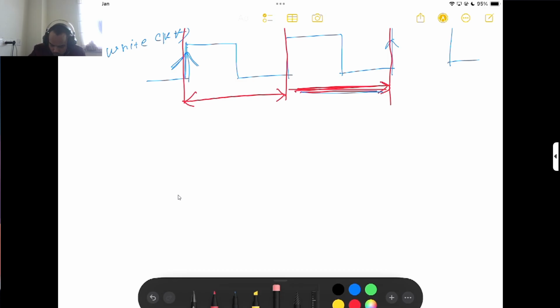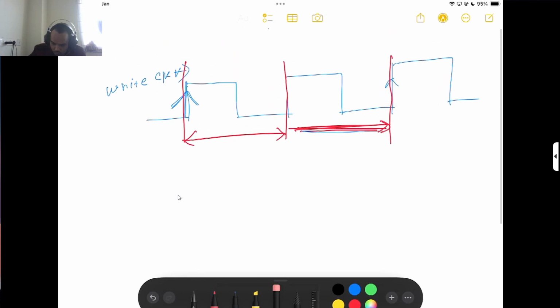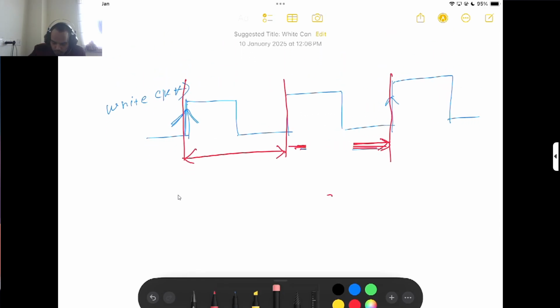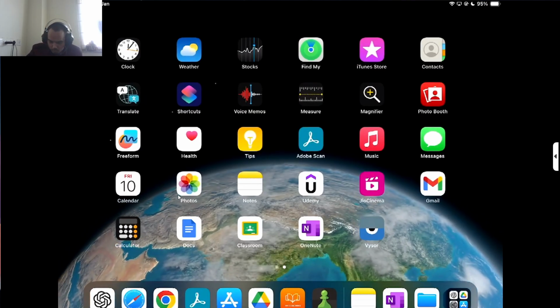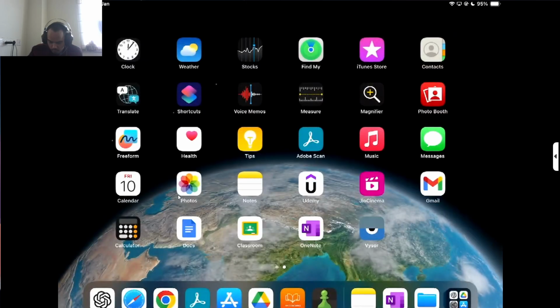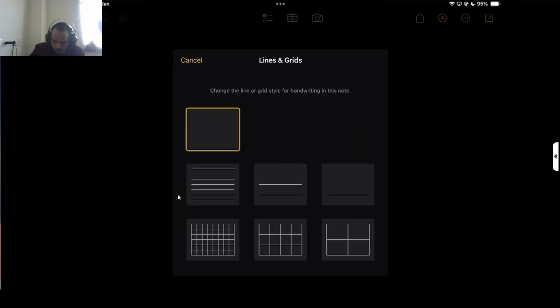Here is positive edge triggering, here also positive edge triggering, and here also.